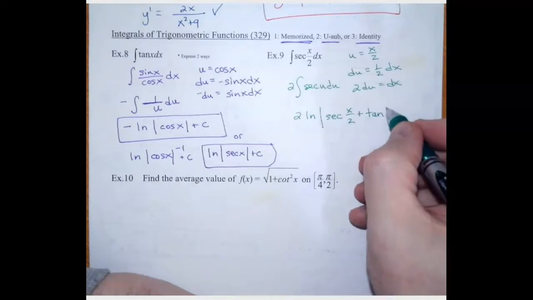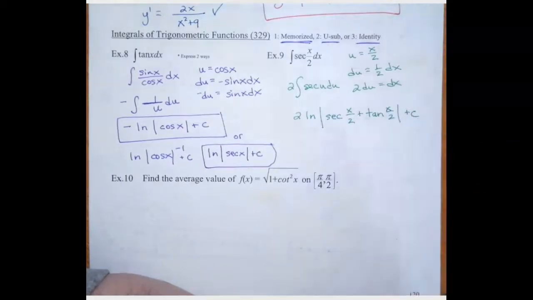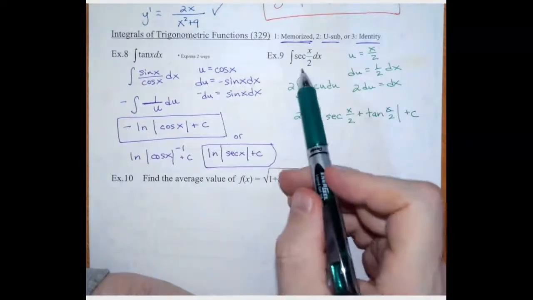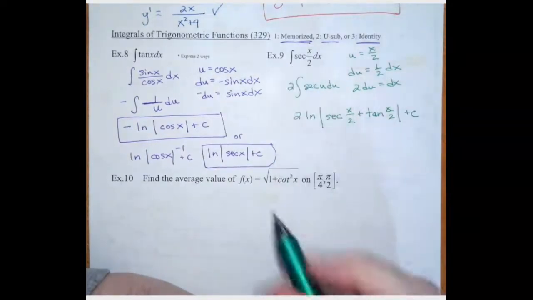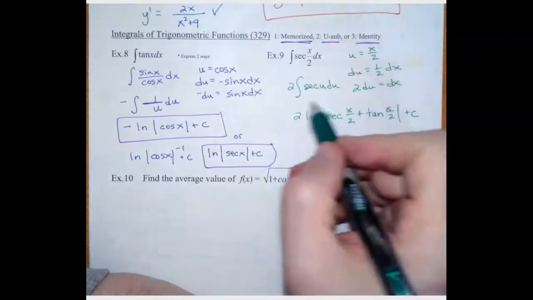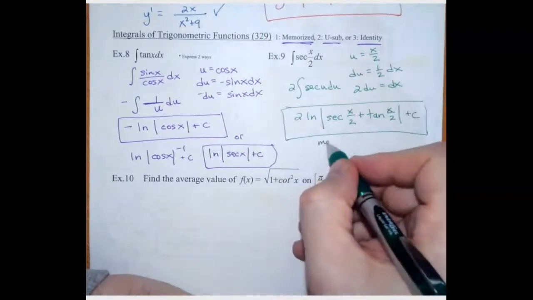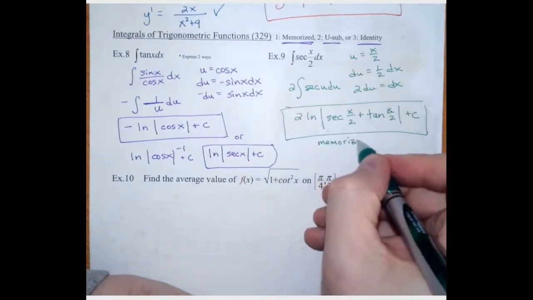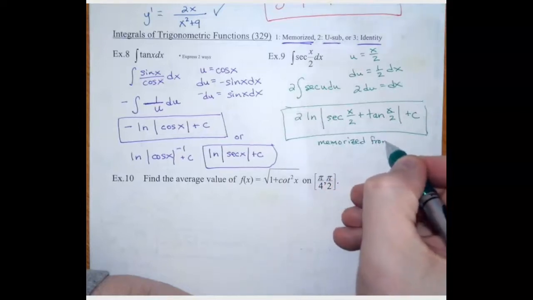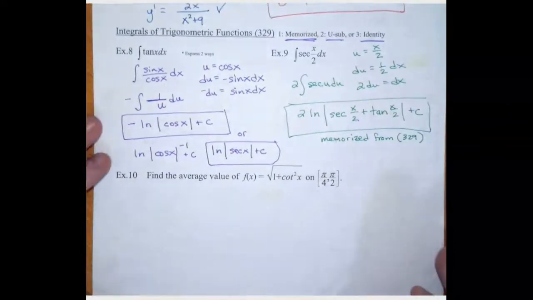That might not be that hard to memorize, because the derivative of secant is secant times tangent. If you combine those two things, that might make it easier for you to memorize. So that would be memorized from page 329 of your textbook, one way you could handle that.